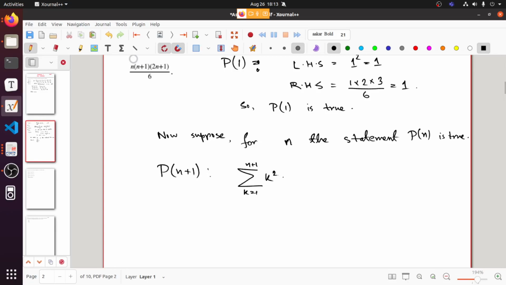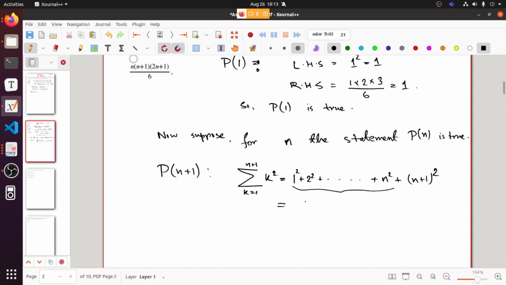The sum of k square means 1 square plus 2 square plus dot dot dot plus n square plus n plus 1 whole square. You have to find the sum of this, but up to the nth term you know it by the induction step, P of n.